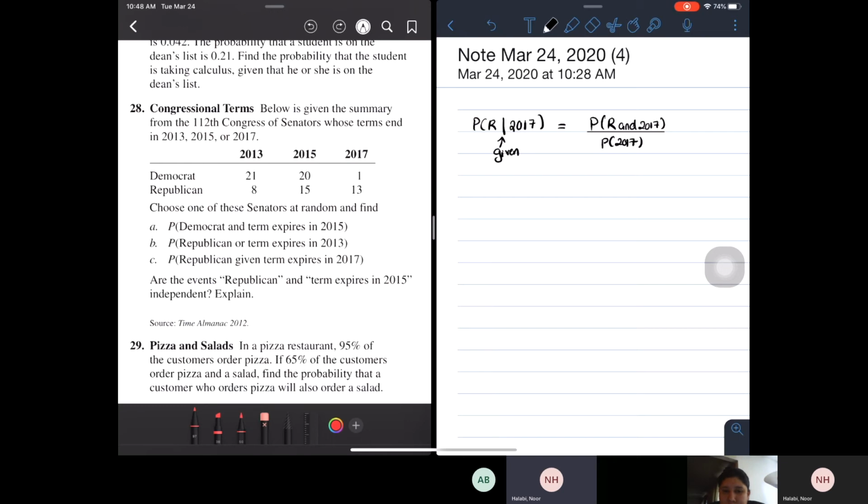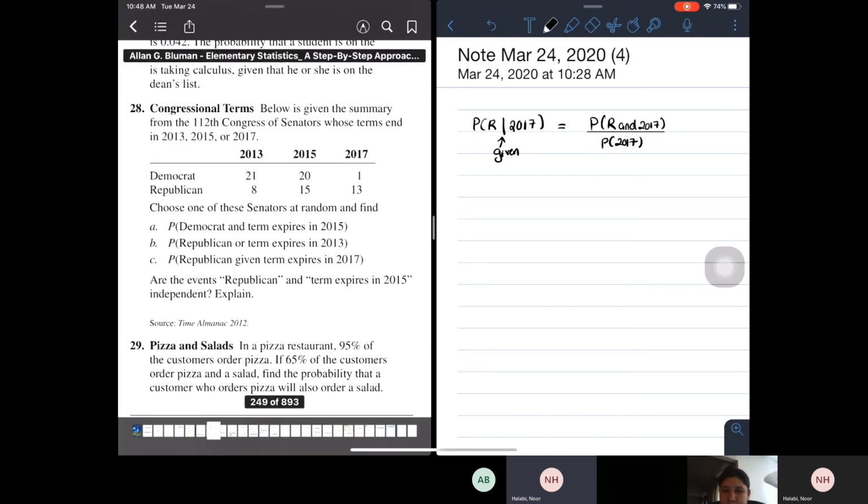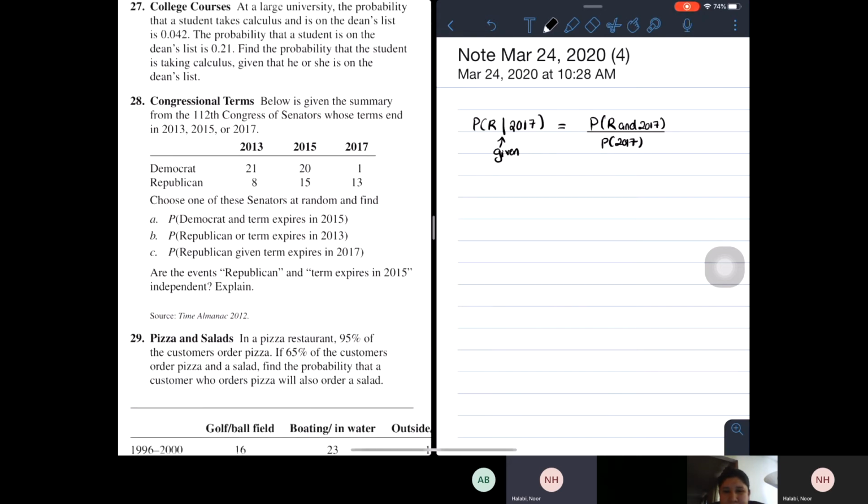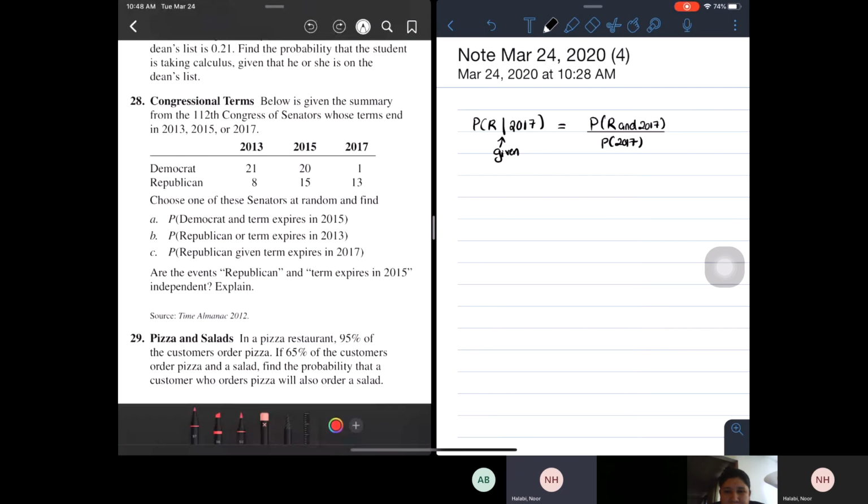Here they gave us a table, as you can see. So given that it's 2017, that means I'm only looking at 2017. Do you see what I'm doing? Yes, because it's conditioned, it's given that it's only 2017.